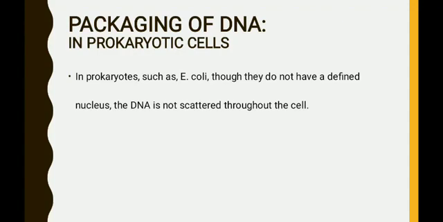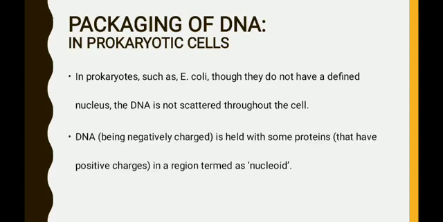It is located in one particular region in the form of a coiled, circular DNA. The DNA, being negatively charged, is held with some proteins, but those proteins are called non-histone proteins. The histone proteins are absent in prokaryotic cells.